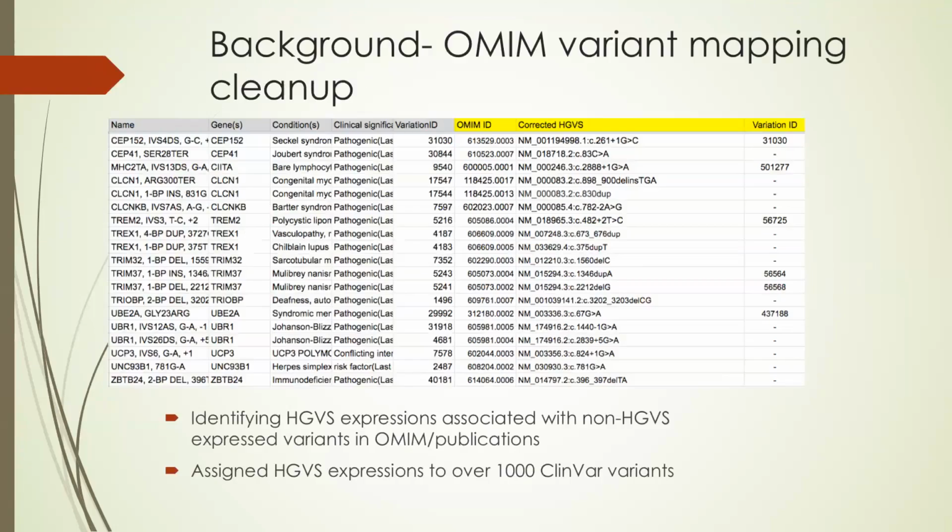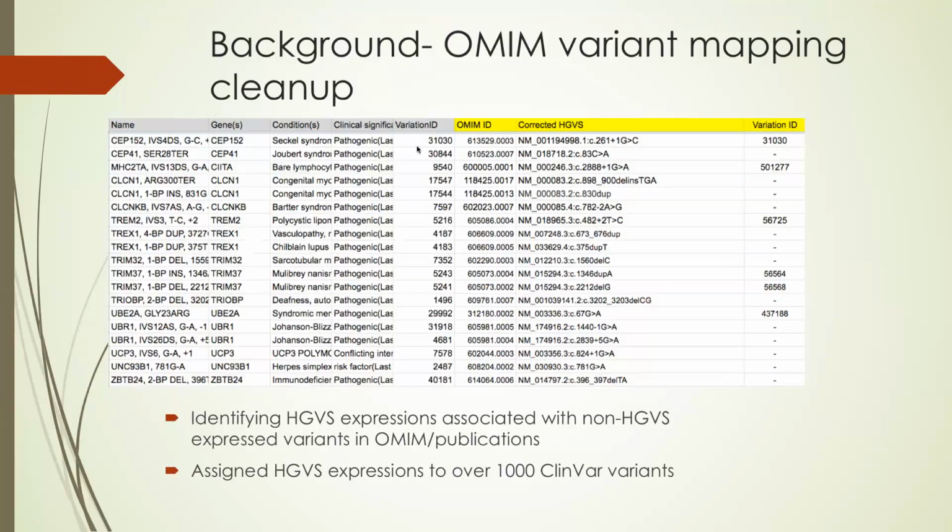So as I mentioned, I've been working on a project involving a lot of the OMIM data. This is actually part of an export from ClinVar of all the different variants that don't have HGVS expressions associated with them. On the left, we have what they're called in ClinVar, and then what gene they're in.